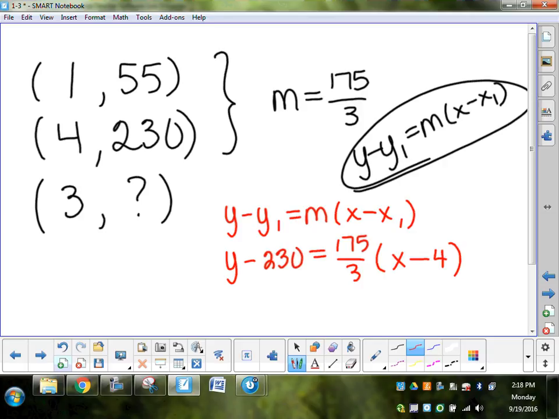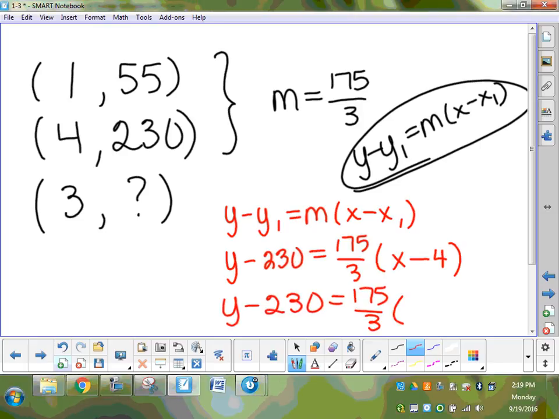We need to solve this out for the y when the x is 3. How can I use that equation to find my y if I know what the x is going to be? Just plug in the x of 3. So I'm going to go y minus 230 is equal to 175 over 3 times, in this case, my x was 3 minus 4.